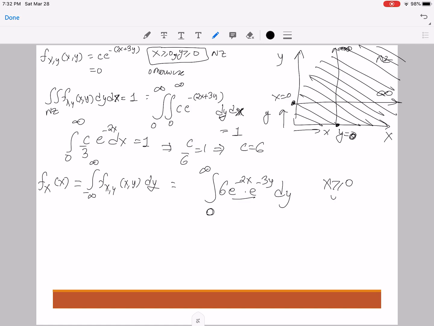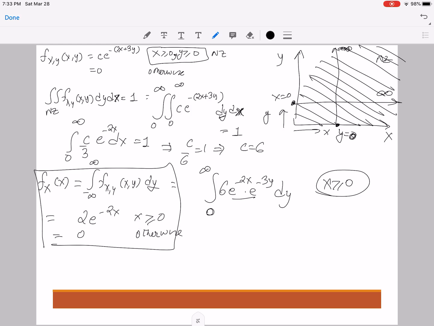Now because I am integrating y out, the y term will disappear from the region of non-zero probability. So whatever equation I get now will be the marginal PDF of x for this region. When I solve this, I get 2 times e to the negative 2x for x greater than or equal to 0. For other values of x, it's going to be 0. That's the marginal PDF of x, f of x.